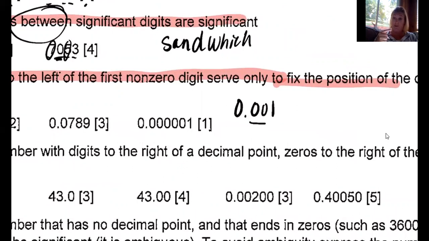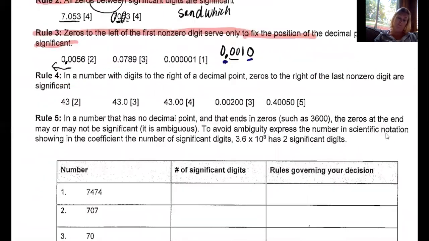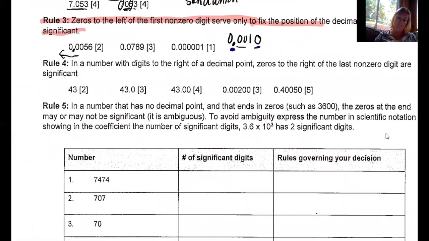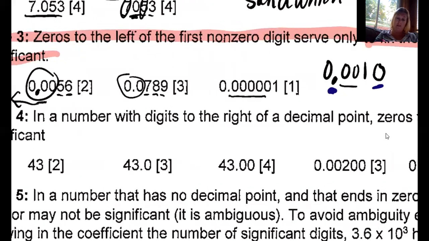Looking at this example, this one just has the 5 and the 6, and these other ones are placeholders. In this example, the 7, the 8, the 9 are significant, and those 2 are just placeholders. These ones, again, just placeholders. This one is significant, so 1 significant digit.